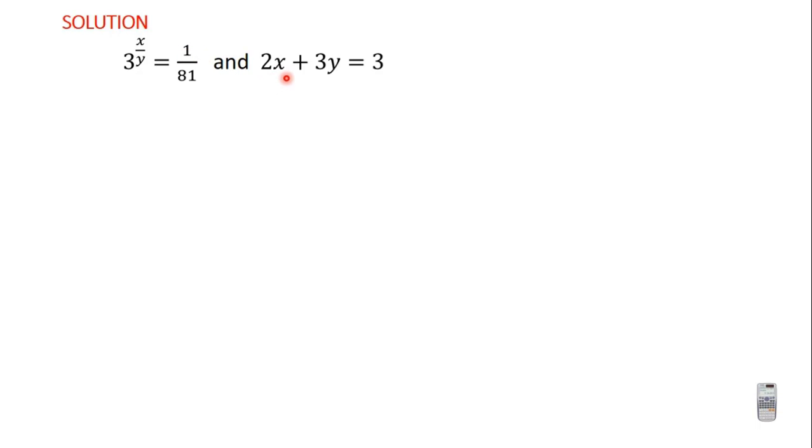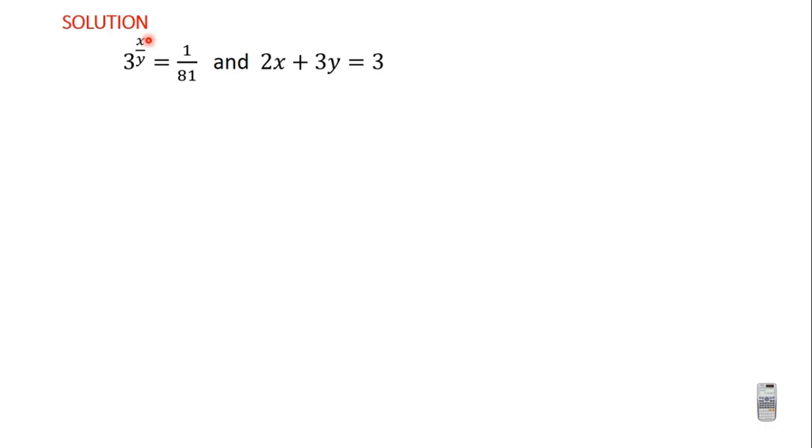The second equation here is a linear equation. It's not in index form. But the first equation here is in index form. So you have to reduce this one here to a linear equation so that you will solve equation 1 and equation 2 simultaneously to find the value of x and y.